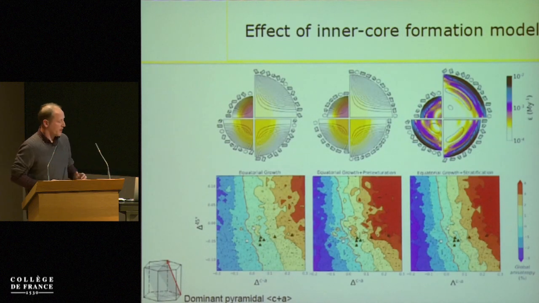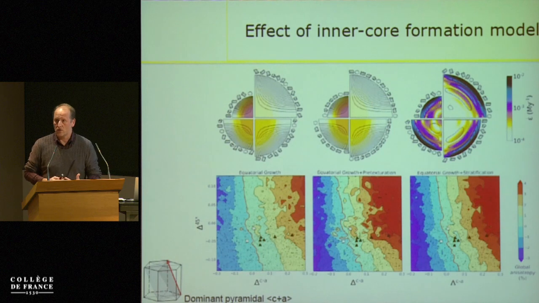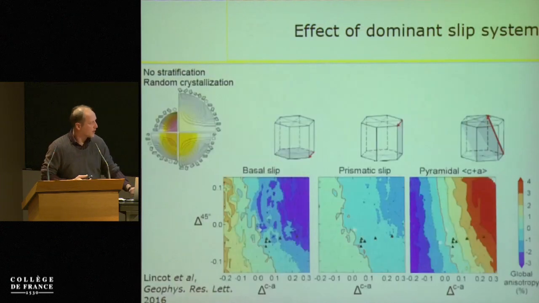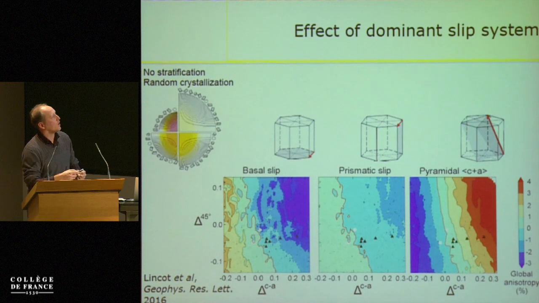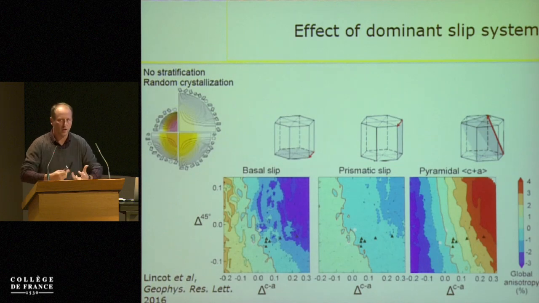So pyramidal slip is really a key ingredient to get anisotropy at the global scale. The reason is that pyramidal slip is very efficient at aligning the C-axis in an HCP alloy. If you use prismatic slip, because of the direction of the Burgers vector, or if you use basal slip, you don't get a good alignment. If you use pyramidal slip, on the other hand, the C-axis is aligned very well.